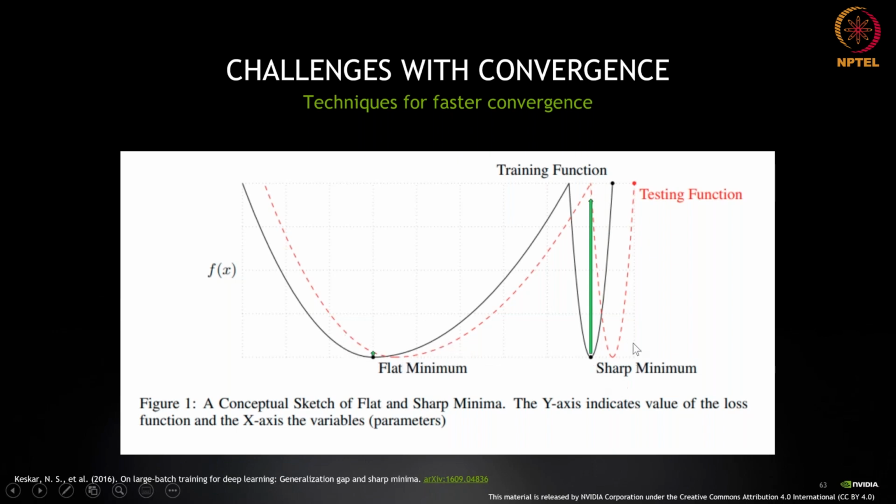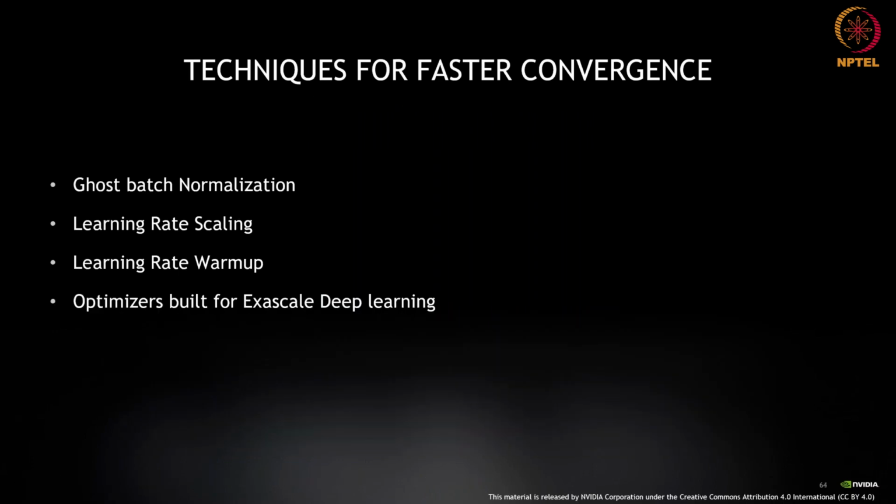But in case your data set was of a function having a sharp minima, even a slight change can result in huge variations. And these kinds of things create a lot of problems. And there are different ways to solve this also, and we are going to look at a couple of them in a bit. So we have seen what the problems with scaling are and the reasons behind them, but let us see some of these techniques.